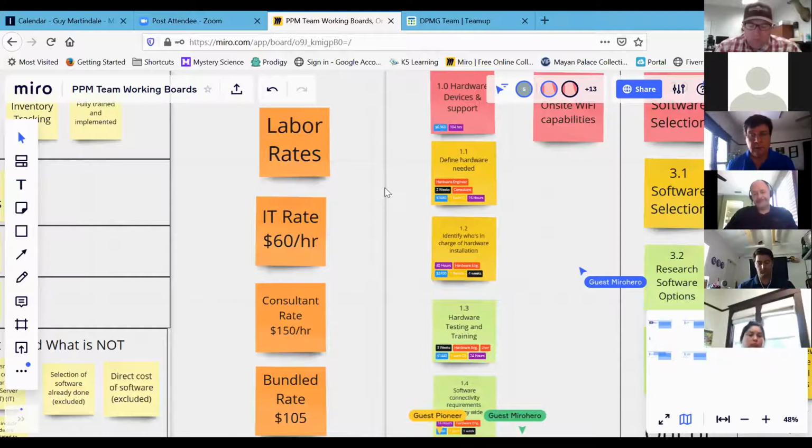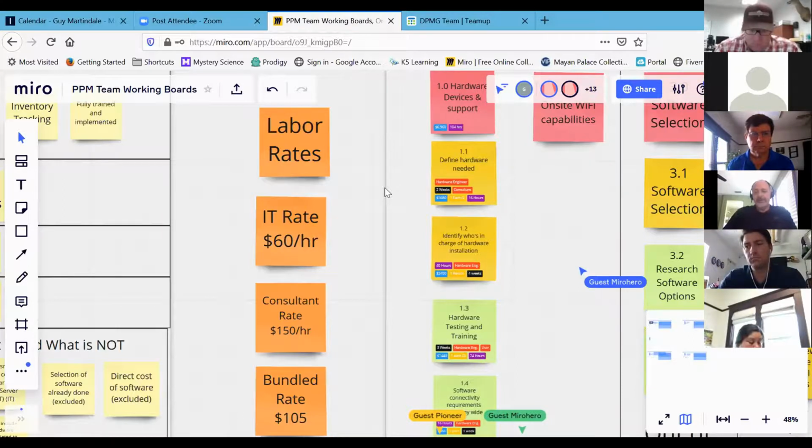So we set our IT rate at $60 an hour, which is our fully burdened labor rate, and then the rate for the consultant was just the lower end of the consultant's rate. Fixed rate per hour is typically how they quote their work, and then we came up with a bundled rate when it was both an internal user and a consultant. We averaged the two, and that was the rate. Just need to make sure we accounted for the total labor hours between the two if we're using the bundled rate.